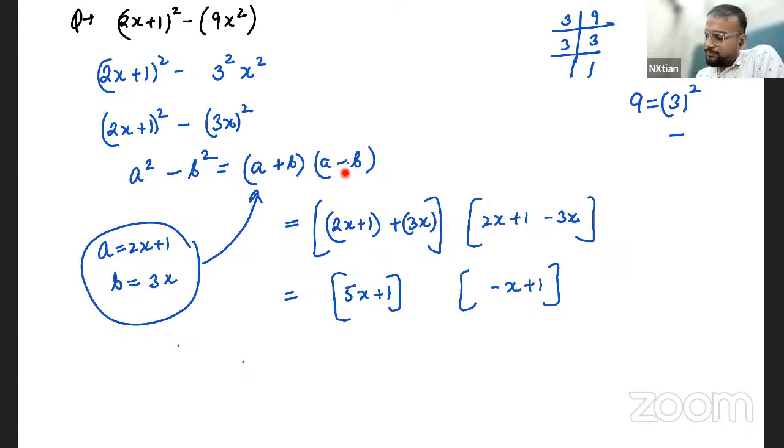What's the 18th one? 4a to the power 4 plus 81b to the power 4. This is the question. So can I write it like this? 2a square. Okay.